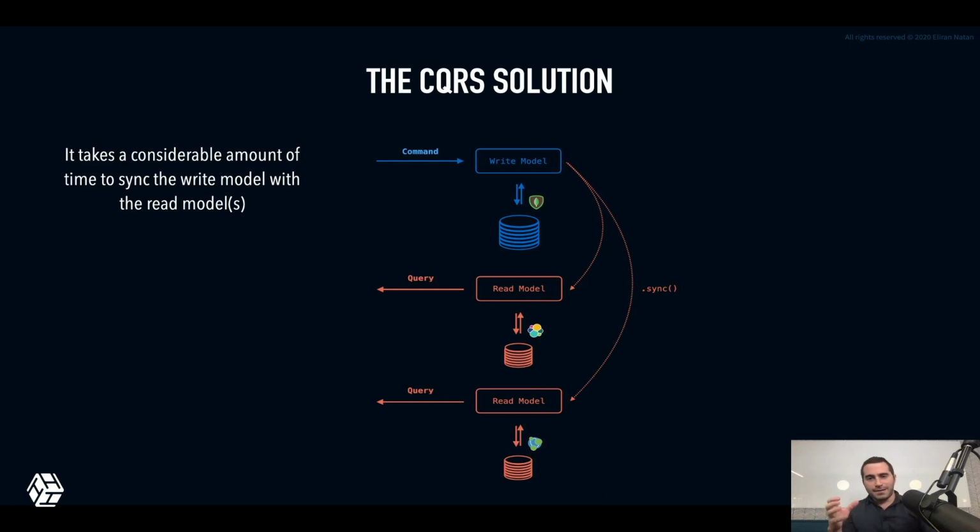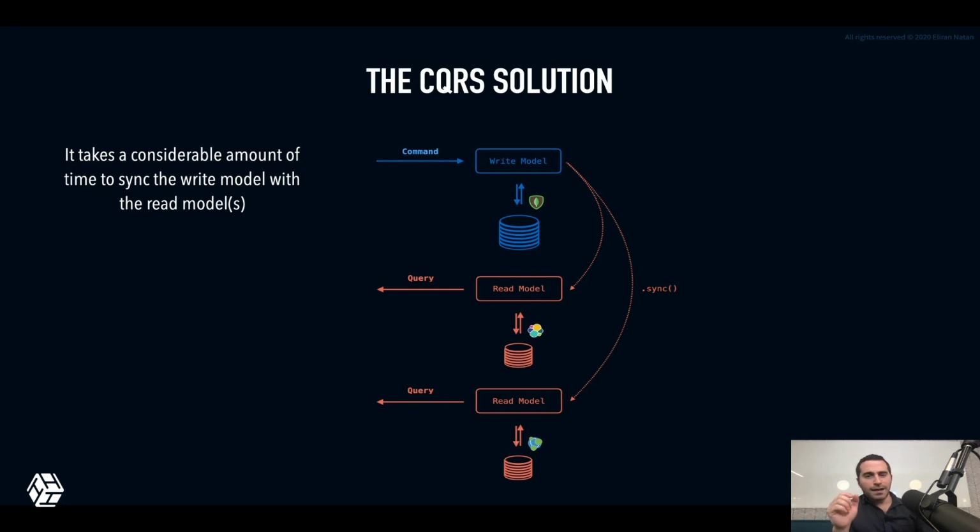It takes a considerable amount of time to synchronize your write model with the rest of your read models. Not only that, some of your read models will not be updated at the same time as other read models.